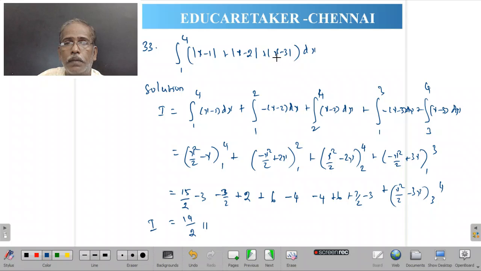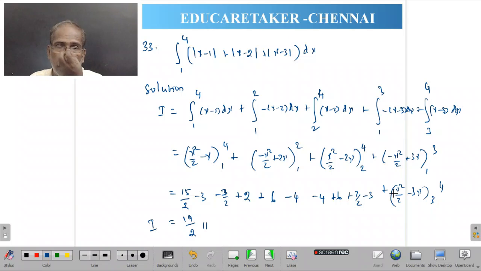From 1 to 3, it is negative, minus of (x minus 3), and plus (x minus 3) from 3 to 4. Integrating gives x square by 2 minus x, then minus x square by 2 plus 2x from 1 to 2, then x square by 2 minus 2x from 2 to 4, then minus x square by 2 plus 3x, and x square by 2 minus 3x.